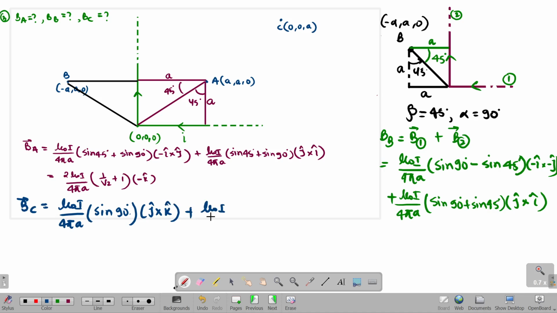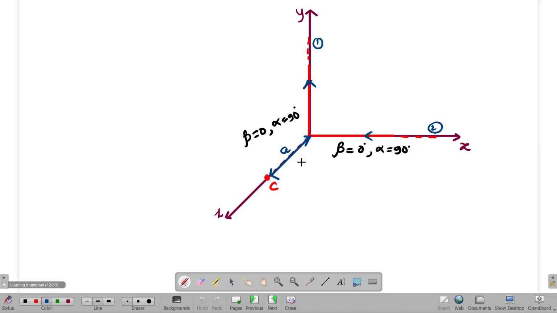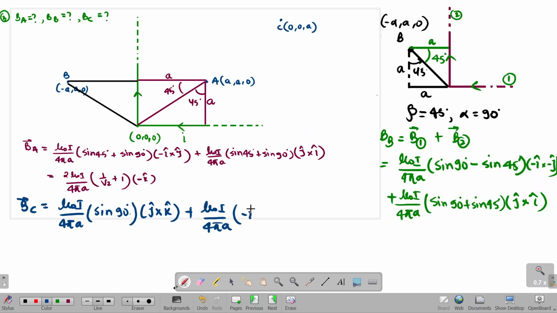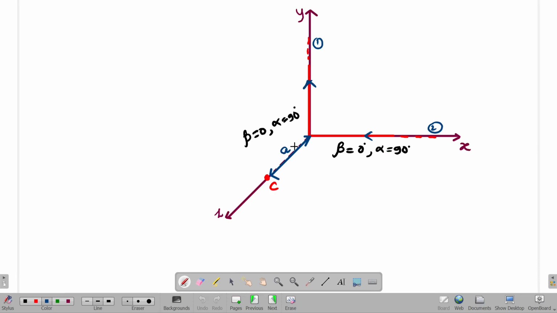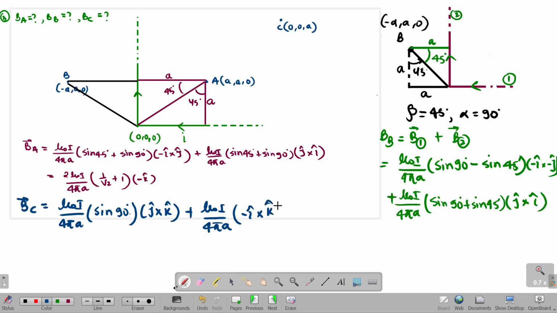Second, same mu naught I by 4 pi A. This one, once again, L cap is minus I cap cross, then what is it? Once again, R cap is K cap. Are you able to get me or not? Is it clear? So solve this, you'll get the answer.